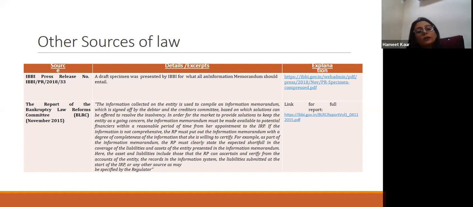So here, the disclaimer about the completeness and authenticity of the information gathered by the IRP and RP and incorporated in the IM has been talked about. It is a very important aspect of the IM, that at suitable places we insert disclaimers about the genuineness, completeness, authenticity and comprehensiveness of the information.